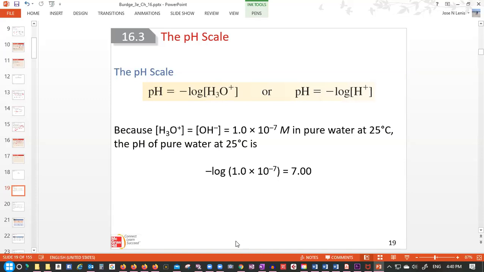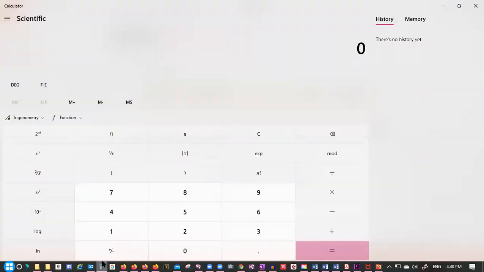So let me show you one example. Let me try to use my calculator here on the screen. Let's use scientific, yes, this one has log. Remember, this is base 10 log, and this is a natural log.